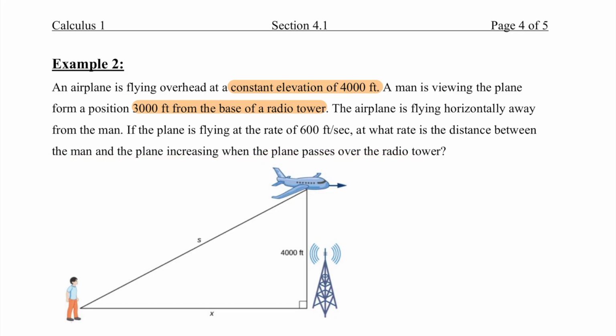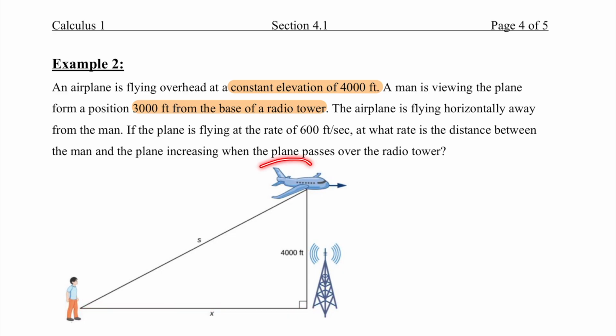Let's pause and think. What is changing? What are we given? And what are we trying to find? This is where the man is, and this is where the tower is. The distance from the man to the tower is 3,000 feet.